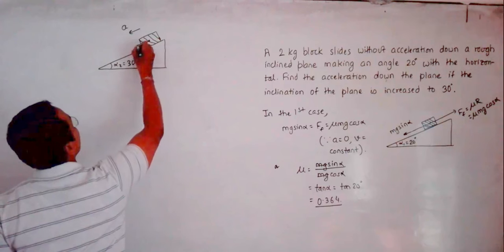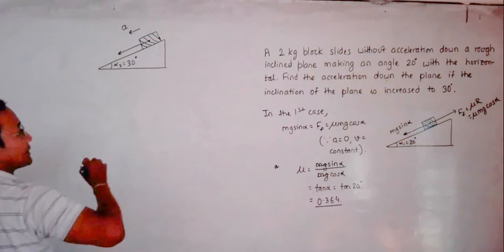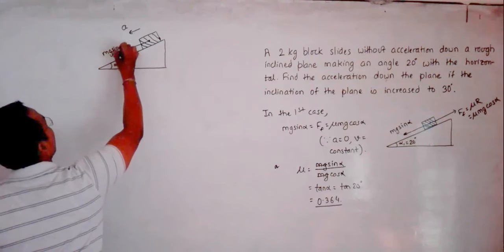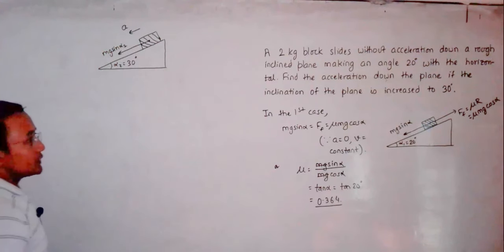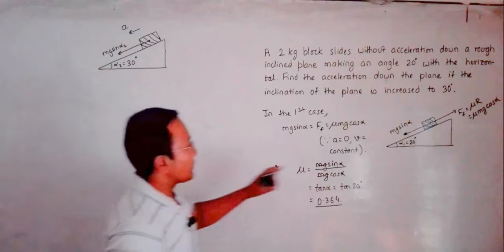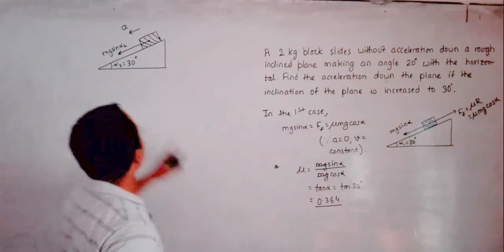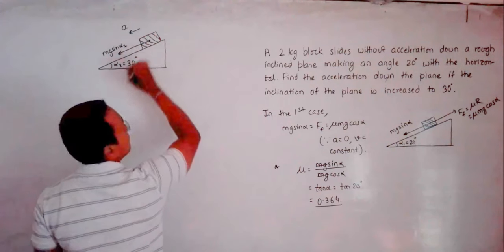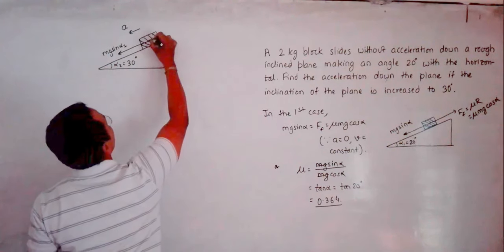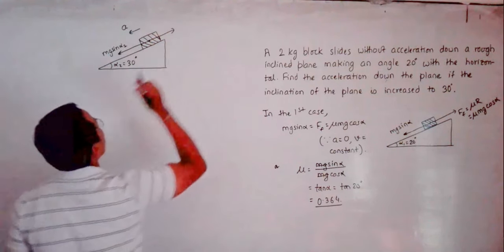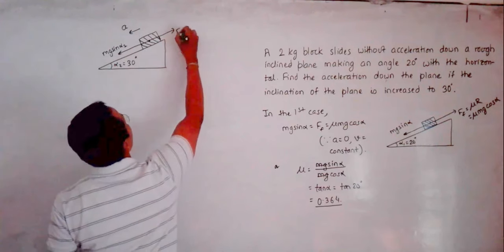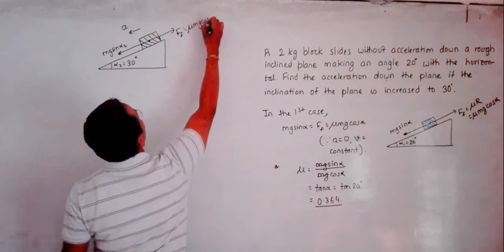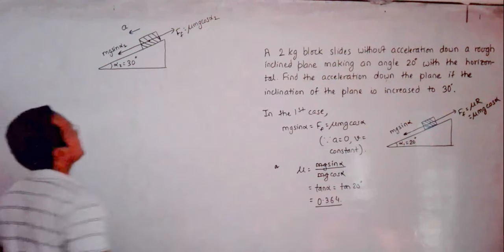The new effect of the force of gravity over here is mg sine alpha 2. And at that time the frictional force will be equal to mu mg cos alpha 2.